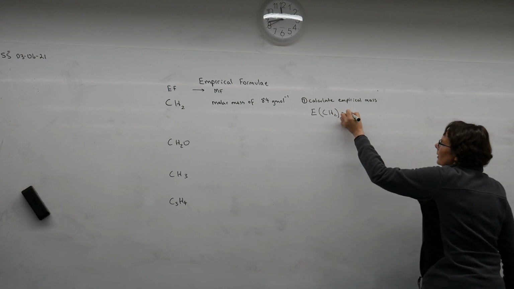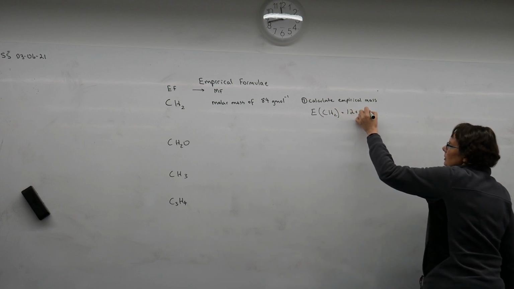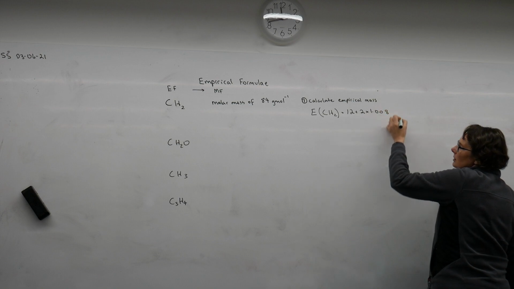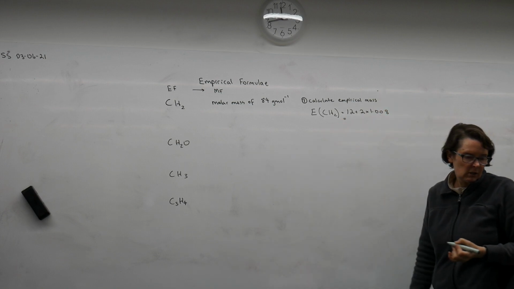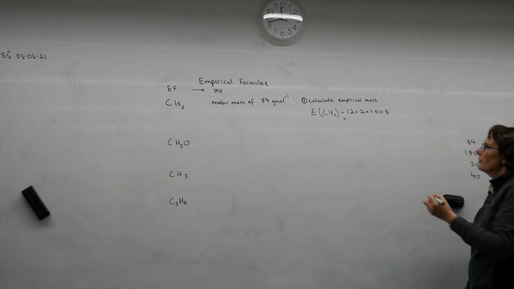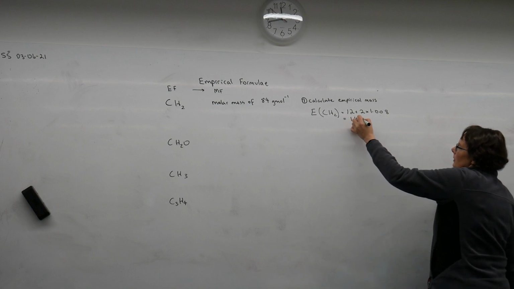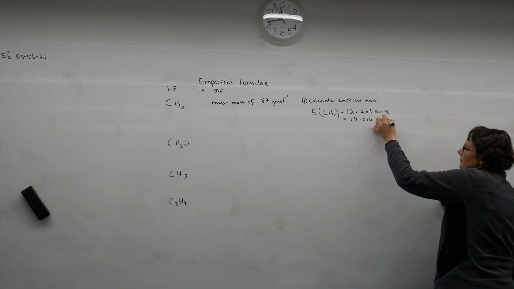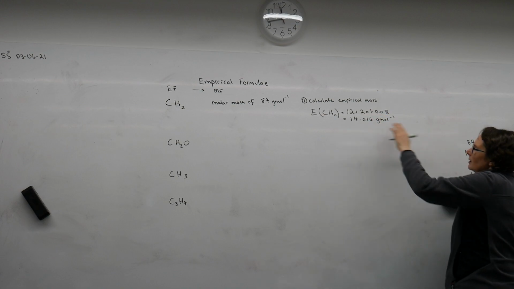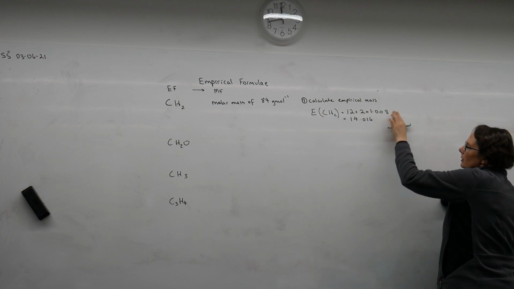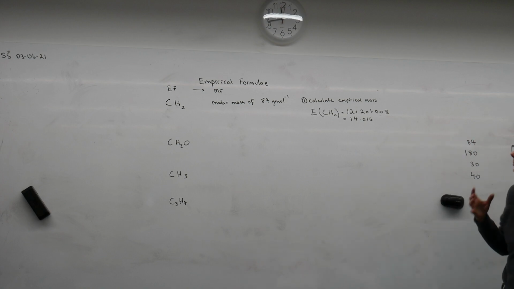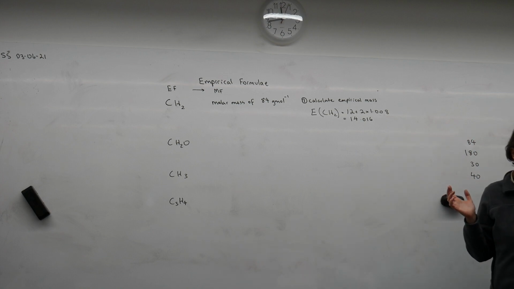That's going to be 12 plus 2 times 1.008. Say about 14. So that's my empirical mass.